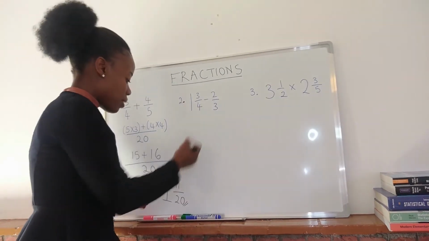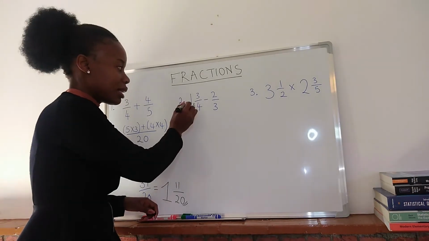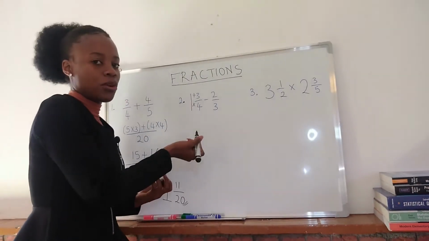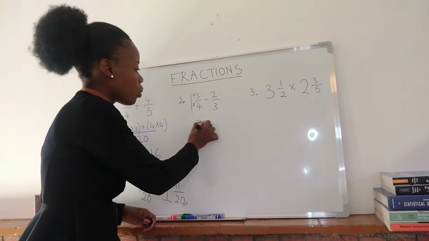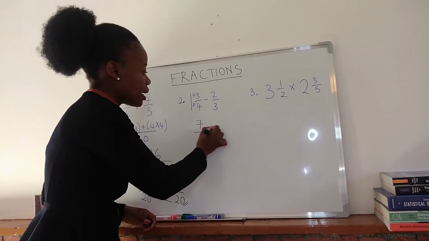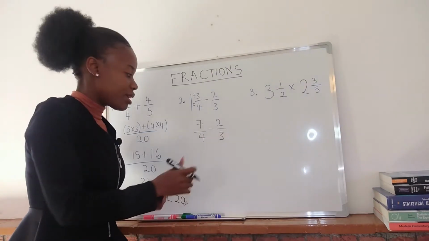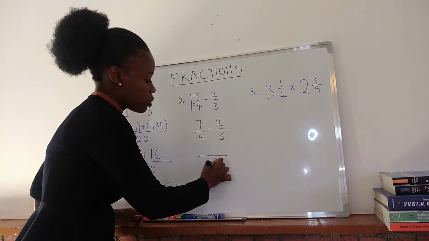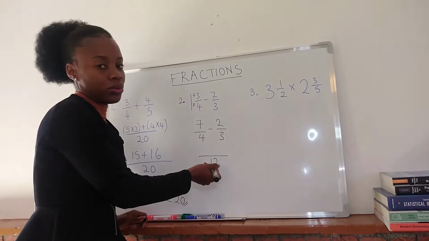So we're going to say 4 times 1 plus 3. 4 times 1 is 4, plus 3, it's 7. So we're going to have 7 over 4 minus 2 over 3. Our denominators are not the same, so we're going to have a common denominator, which is 12, right? Or you just say 4 times 3 is 12.